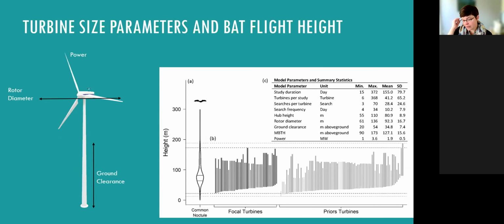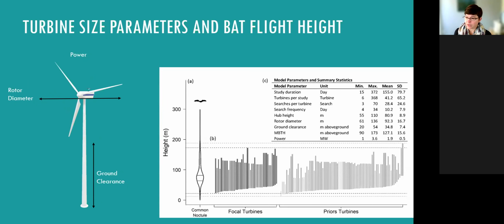As you can see in the table here, we are looking at the range of flight heights of the common noctule, which is actually a European bat, but seems like it should be really similar to what we would expect the hoary bat flight heights to be, and its relationship with the space that the turbine rotor blades exist above ground. You can see we had focal turbines, the ones in the AWIC data set, and then the Priors turbines, which are publicly available data that we're able to use to establish existing relationships of bat mortality.